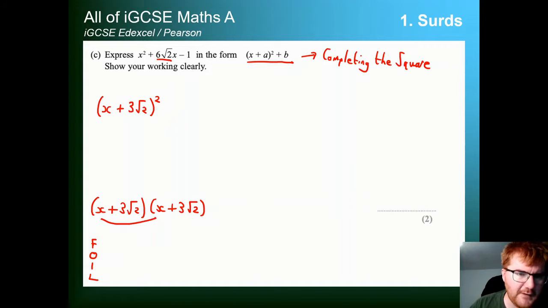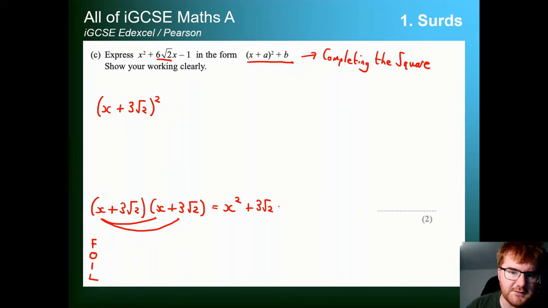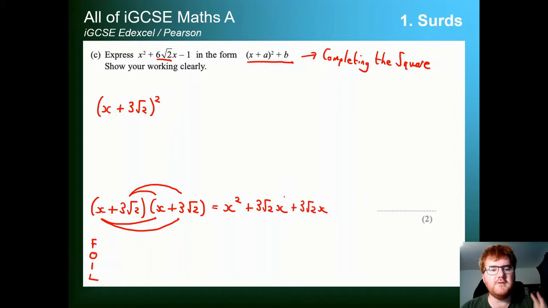So we've got x times x, that's equal to x squared. And we've got x times 3 root 2, that's equal to 3 root 2x. Then we have 3 root 2 times x, that's 3 root 2x. And then finally, we've got 3 root 2 times 3 root 2.